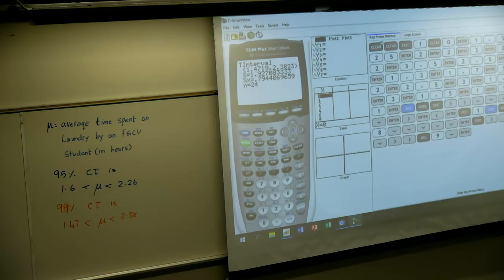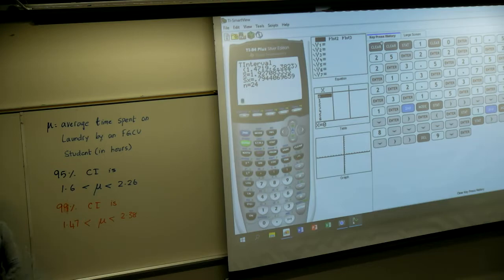But if I want to be this complete smart person, and I don't want to be wrong at all, I could simply say, I'm extremely confident that the average time would lie between 0 and 10 hours. Would I be wrong?